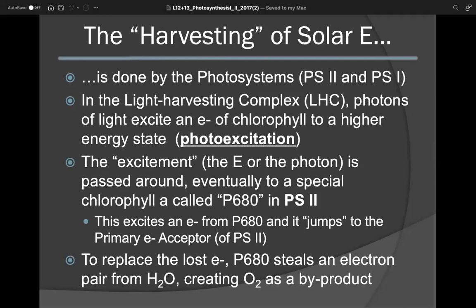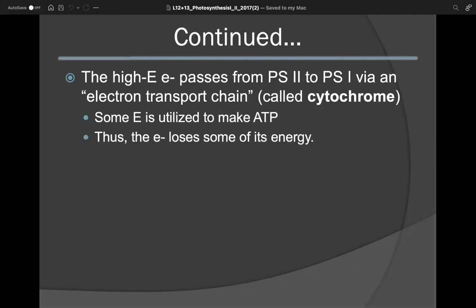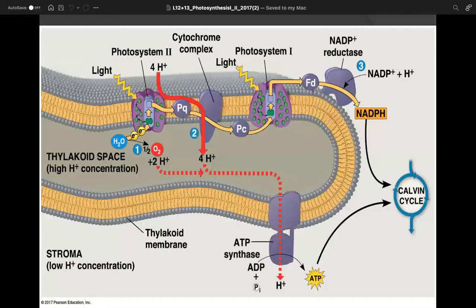So this is what I was talking about with the photophosphorylation that I wrote on the board. This is done by the photosystems, photosystem 2 and photosystem 1, and this is what that looks like. Over on the left side we have photosystem 2, with light coming in and bouncing around these chlorophylls.